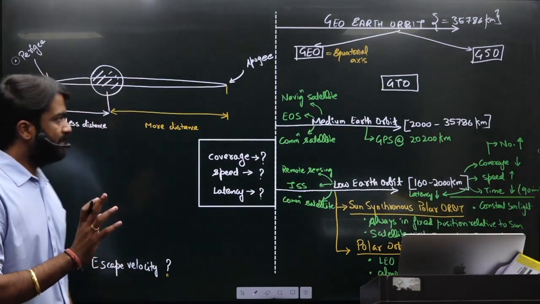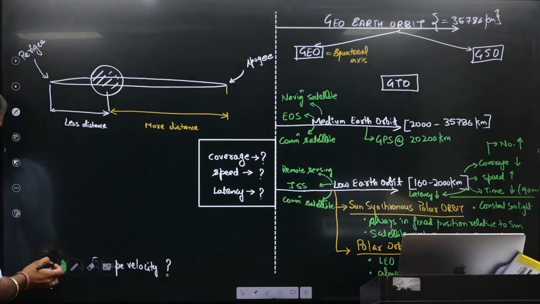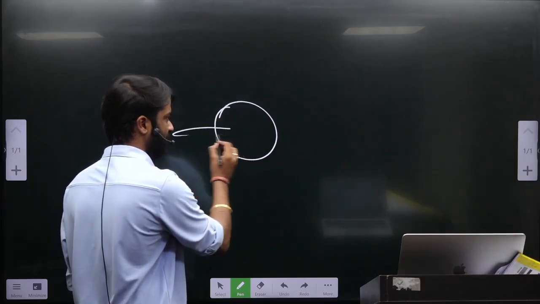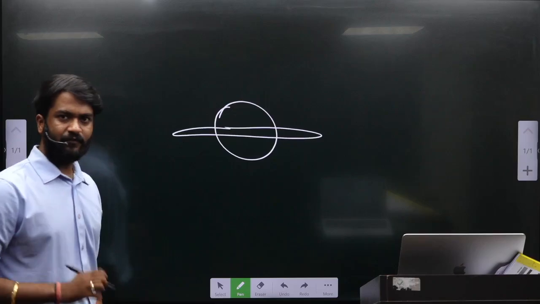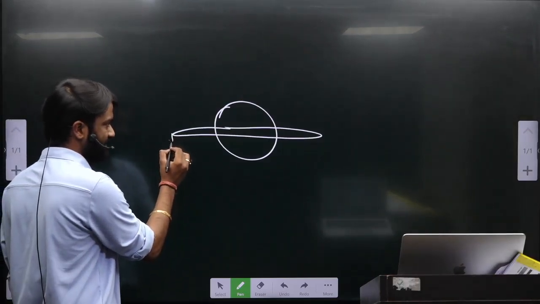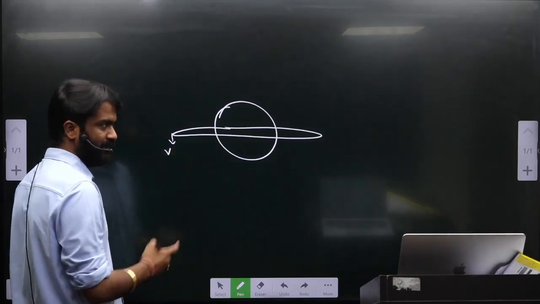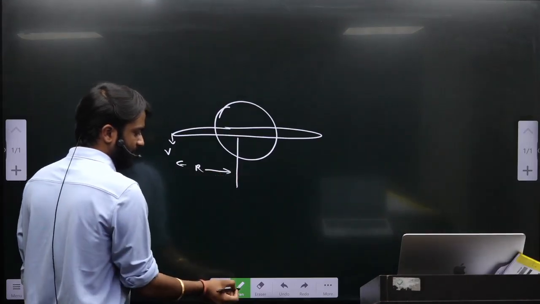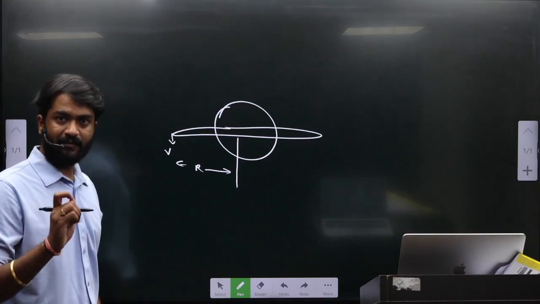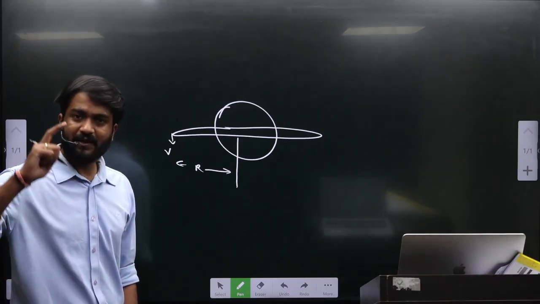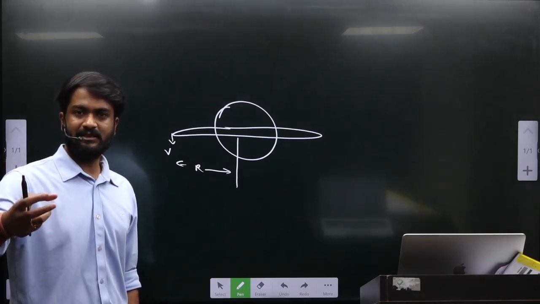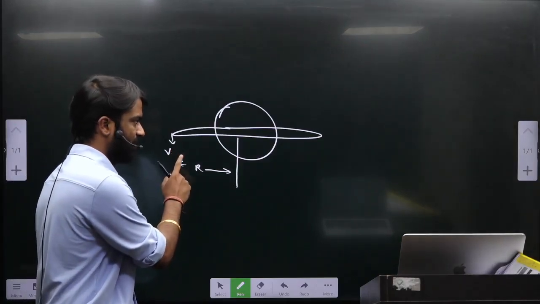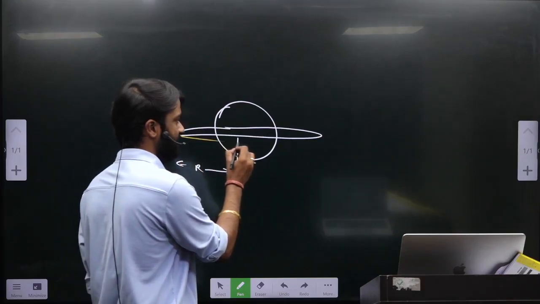See, whenever you send a satellite around the earth, it revolves in an orbit. Now for example, if the satellite has some speed v in this orbit and the distance is r, what if, out of some internal measures, I slow down the speed of the satellite when it is reaching here?